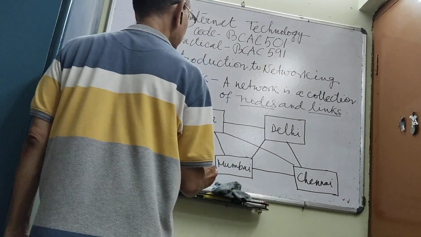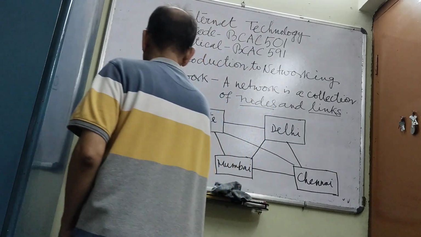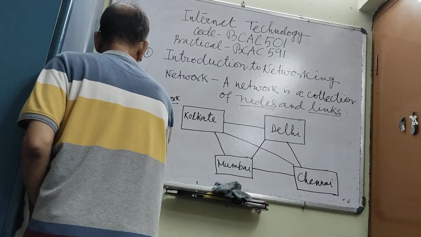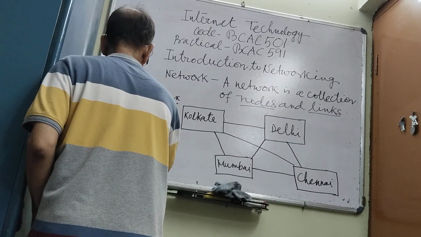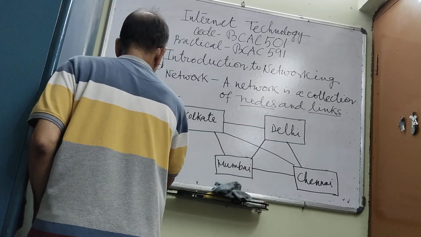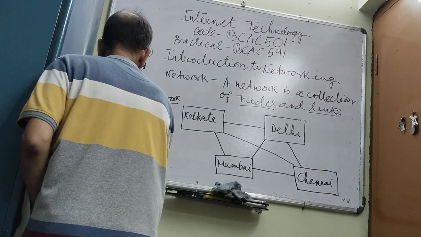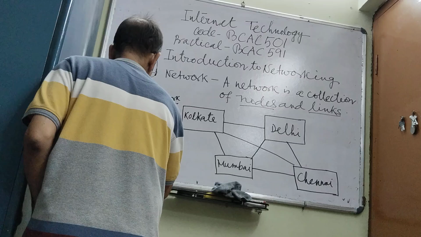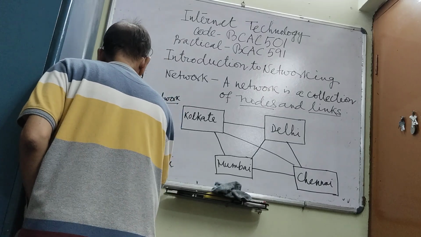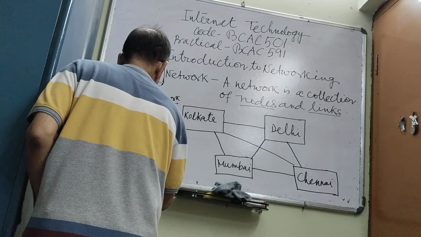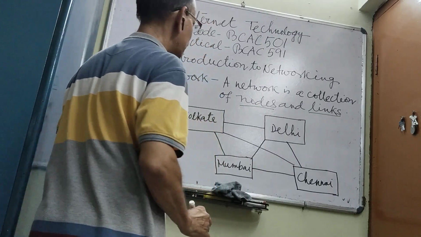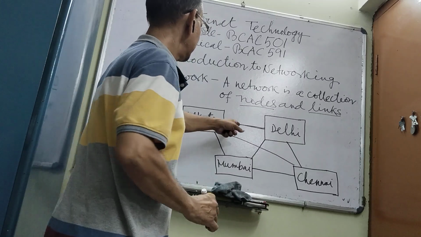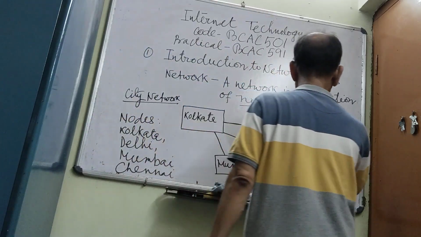So the nodes here are Kolkata, Delhi, Mumbai, and Chennai. And what are the links?